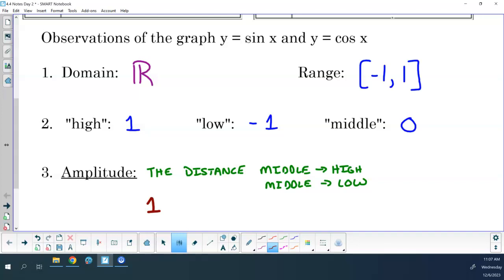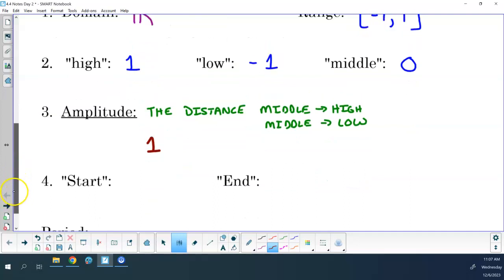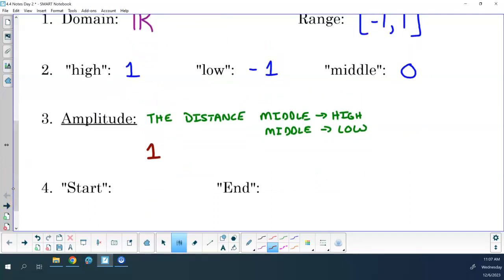We have a starting value. Okay, so these functions, both first lap started at 0, and then we were back in the same spot, going the same direction at 2 pi.